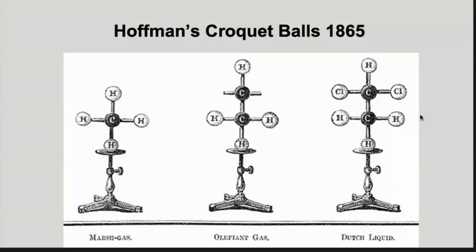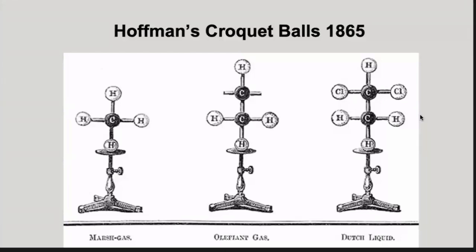So he gave a presentation called On the Combining Form of Atoms. And it was all about how we were beginning to understand how atoms bonded to one another to make more complex molecules, and how the chemical properties of these different molecules depended on exactly which atoms were present and how they were attached to one another. And he realized that he really needed some visual aids for this TED Talk that he was giving.